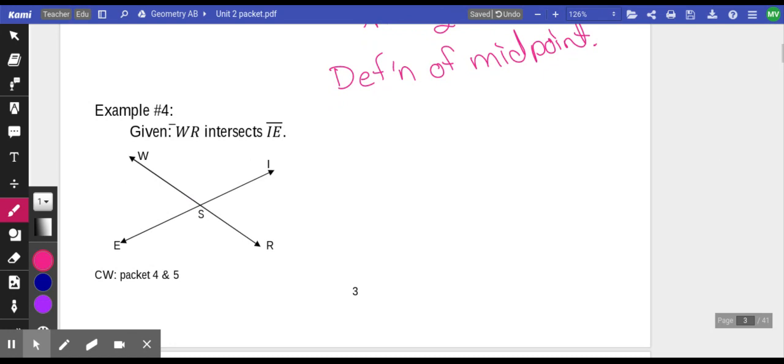Example 4. We are given that WR intersects IE. That doesn't really tell us much.